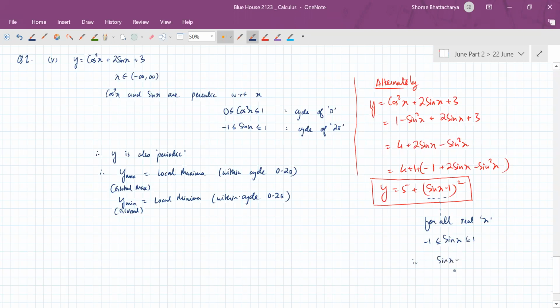Therefore, sin x minus 1 whole square is between 0 and 4. So therefore, y is between 5 and 9.